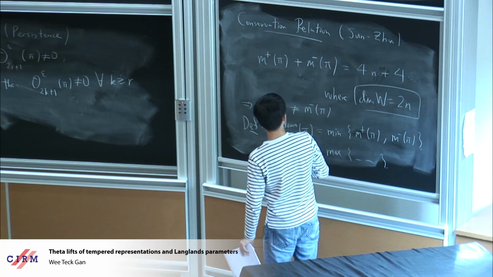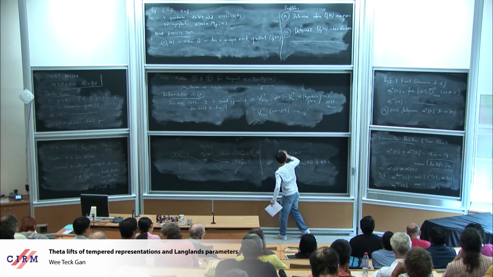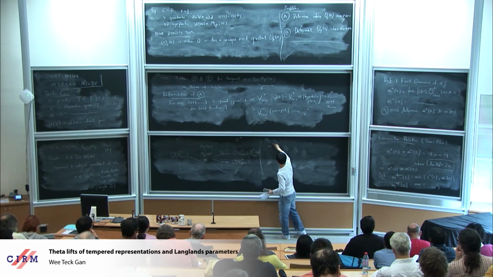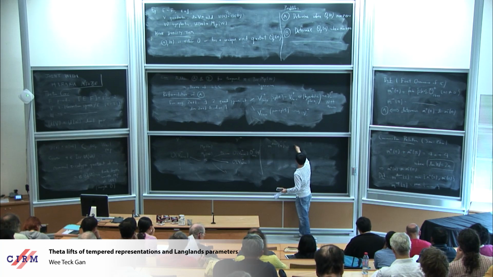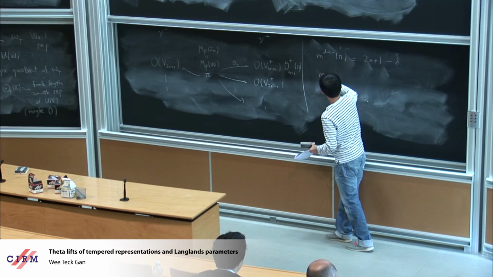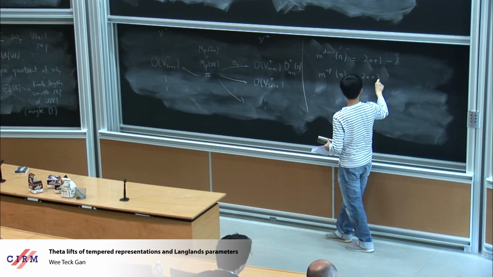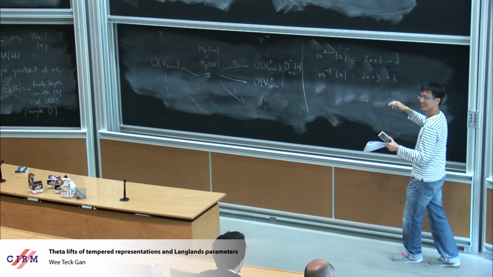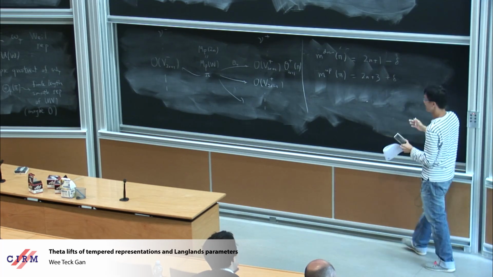So m down of pi is going to be of the form 2n plus 1 minus some delta, and m up of pi is 2n plus 3 plus some delta, because the closest they can be is if delta is 0, and then they can't be equal.